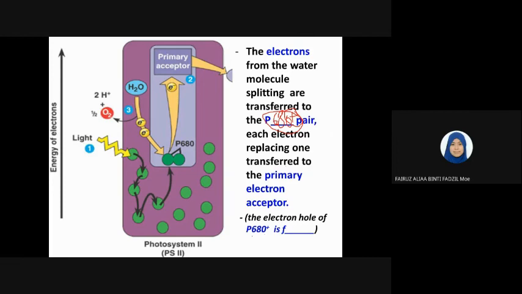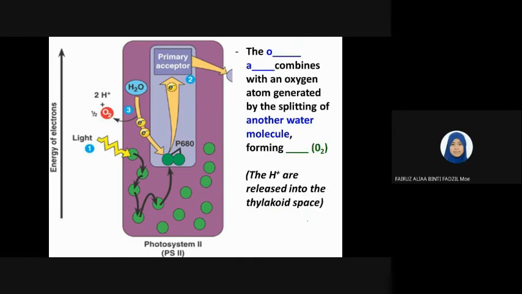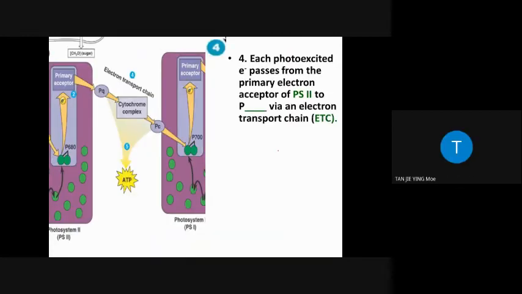The electron hole of P680 plus is filled. The oxygen atom combines with an oxygen atom generated by the splitting of another water molecule, forming an oxygen molecule. Okay, good. Next one.